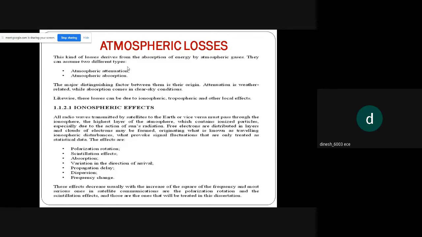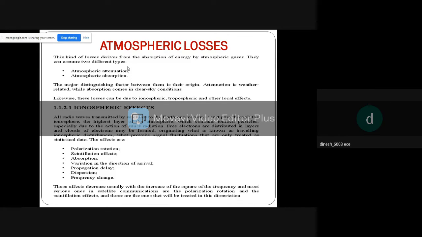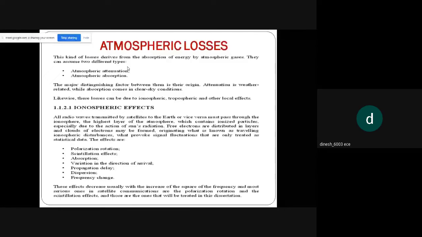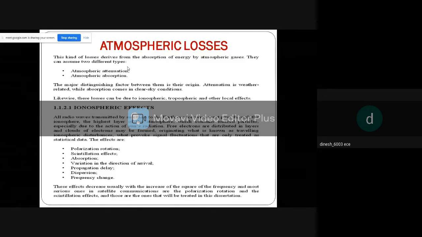The major difference between attenuation and absorption is that attenuation is weather related.